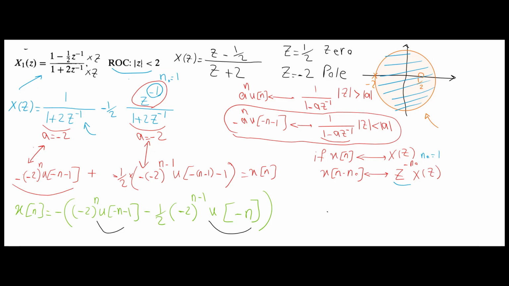So the result is completely consistent with the given region of convergence. In this example, we not only drew the pole zero plot, but also found the inverse z transform by using the region of convergence and previously learned z transform pairs.